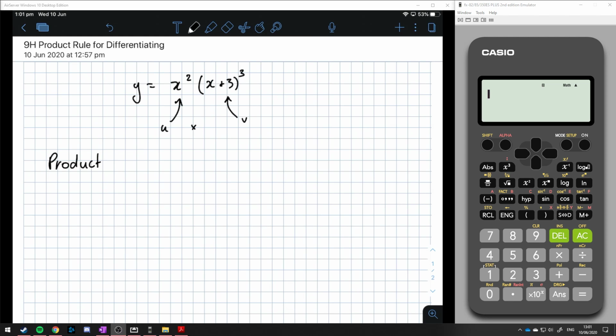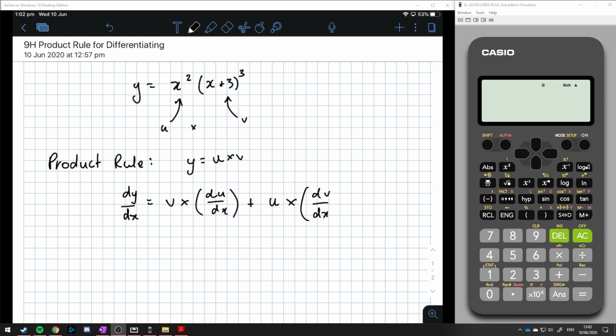Okay, so the product rule says that if we have y is made up of u times v, okay, then dy dx is equal to v times the derivative of u with respect to x plus u times the derivative of v with respect to x, okay?